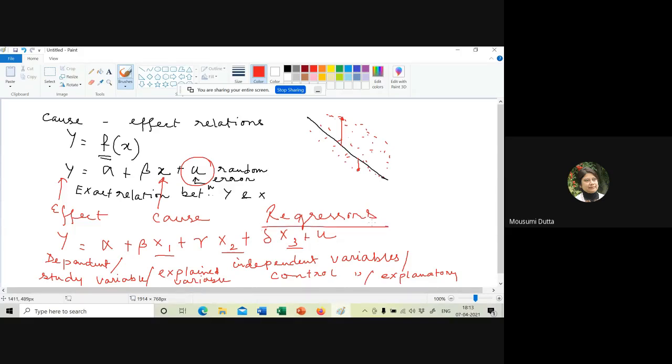So different names, however, the things are same. Okay, all x variables can be considered as regressors, independent variables, control variables, explanatory variables, and the variable which will be there in the left hand side, dependent variable, study variable, regressand, explained variable. So it has these names.